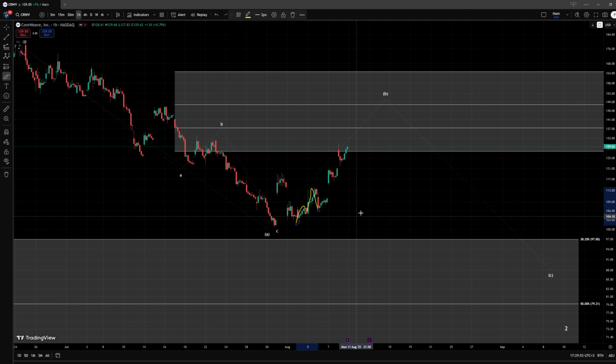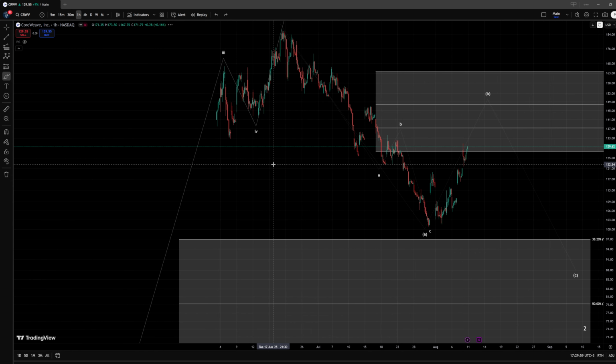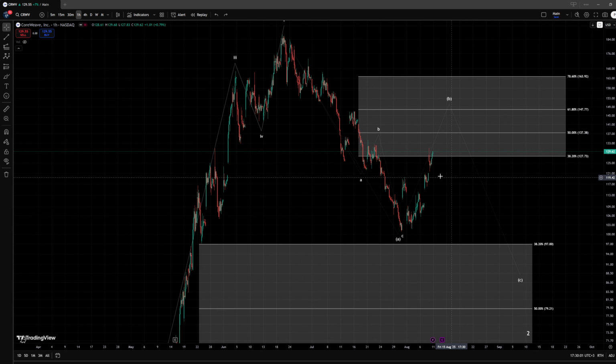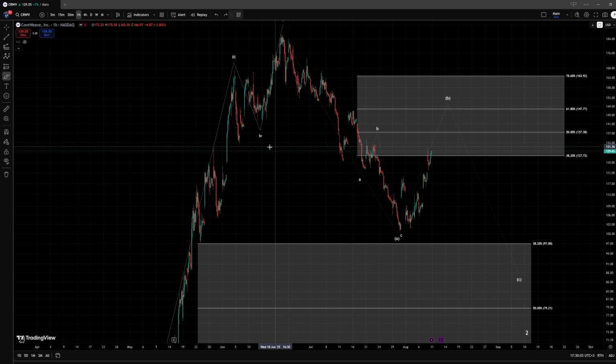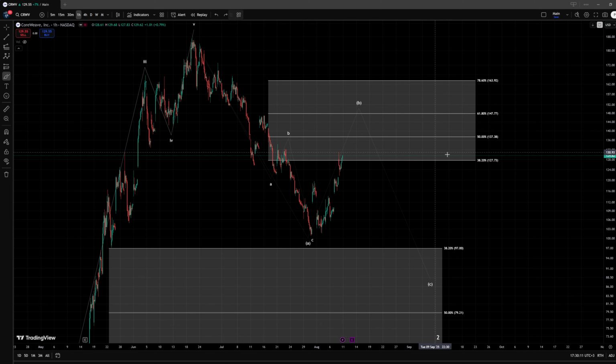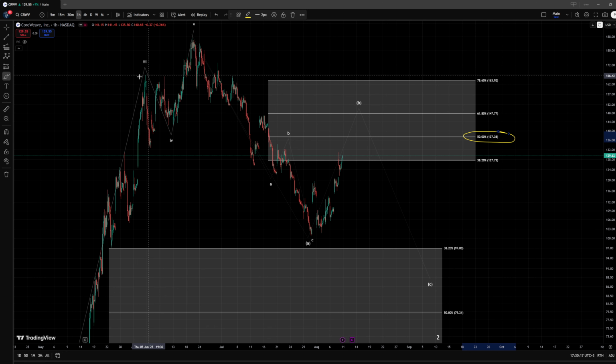So yeah, the extent to which we completed this wave C to the upside is a bit debatable, but so far we have found resistance in the price action levels right here, as you can see, at $130.5. And while we don't have a price action resistance at the mathematical resistance level at the 50% retracement, it is still relevant.